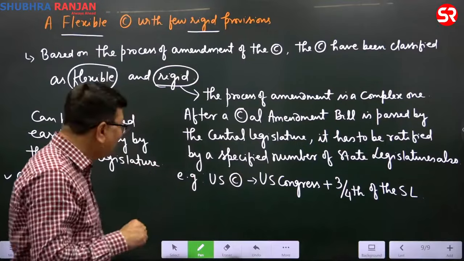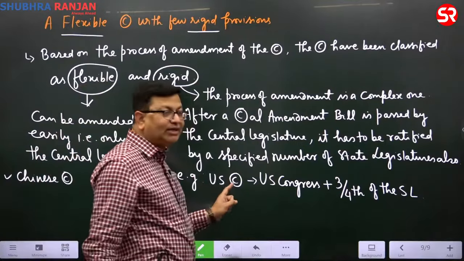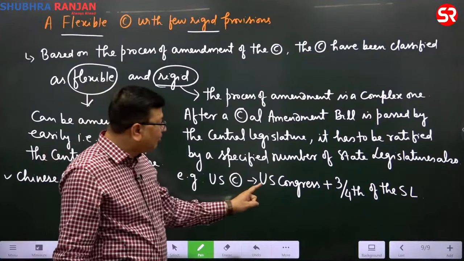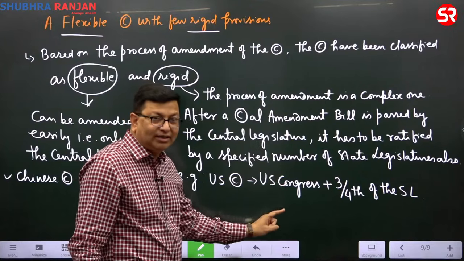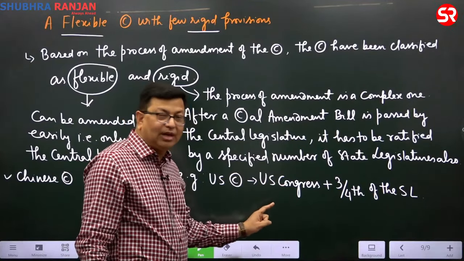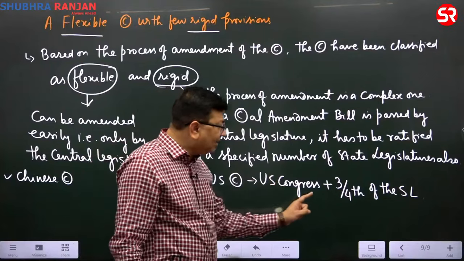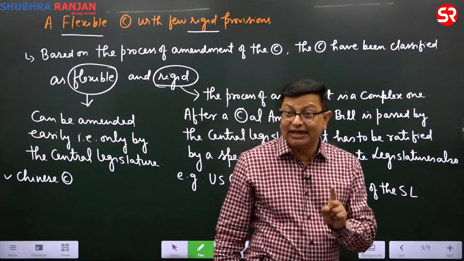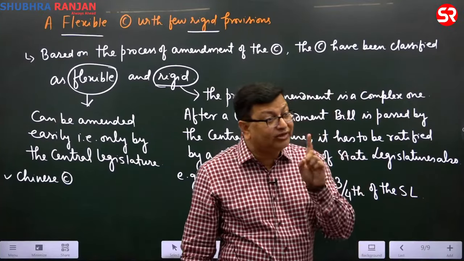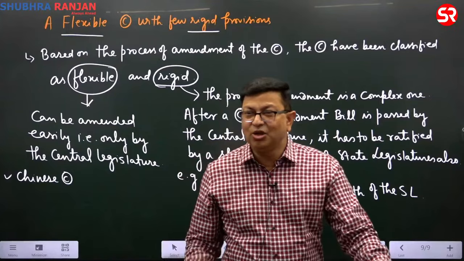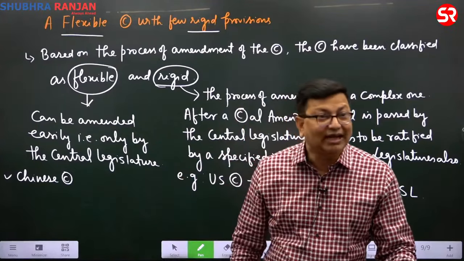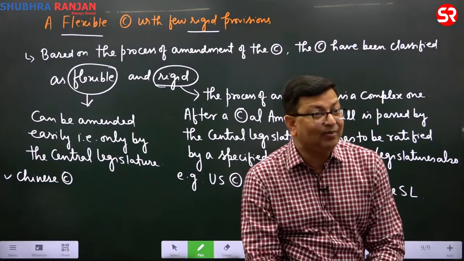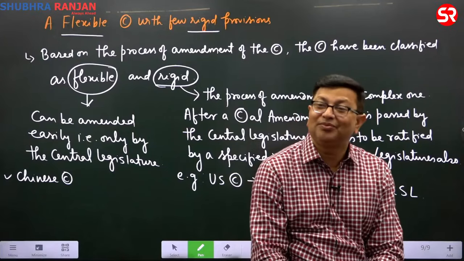It will be 38. So in the United States of America, if the constitution is to be amended, then both the houses of the US Congress need to pass the constitutional amendment bill. After that, it has to be ratified by 38 of the state legislatures. So getting the support of 38 state legislatures is not an easy proposition. That is why we have got very few amendments in the US Constitution.